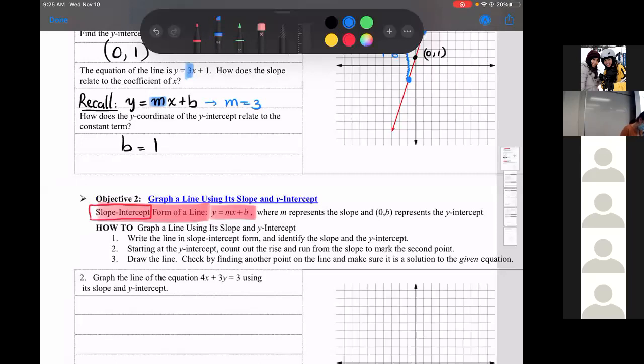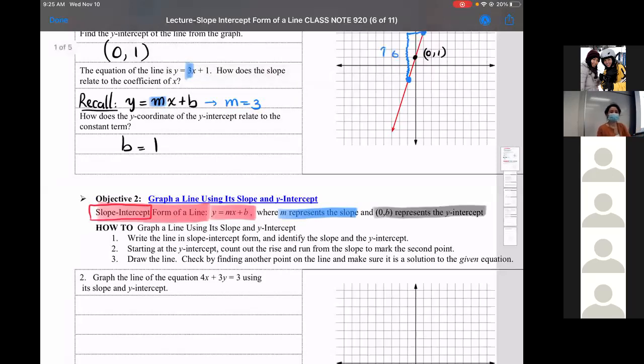Where m represents the slope, and (0, b) represents the y-intercept. On the exam, if I ask you the y-intercept, I'm expecting you to put 0, comma something. Okay, don't just give me the value. That's not correct. Now, how to graph a line using slope and y-intercept.